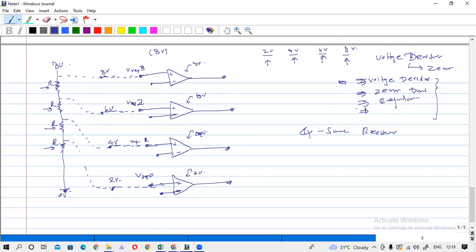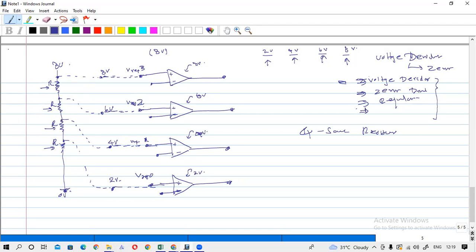In this stage, if we are given four equal resistors, this will be a voltage divider. The voltage here is 8 volt, and here you will have 6 volt, and here 4 volt, and here 3 volt.